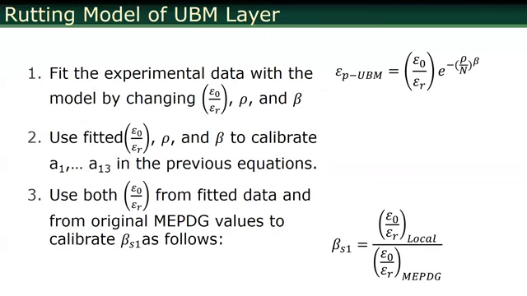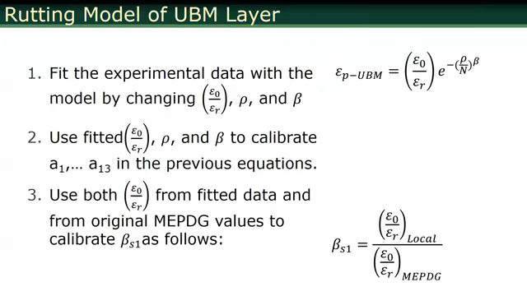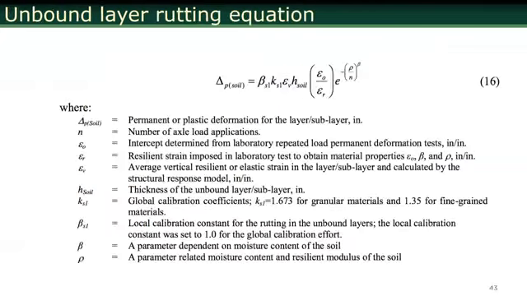And then we use these fitted values to calibrate A1, A2, and A3 coefficients for this unbound layer. And then we use this, which is calculated from the field, to come up with this beta factor for local calibration. I think this is just a rewrite of the unbound layer equation.